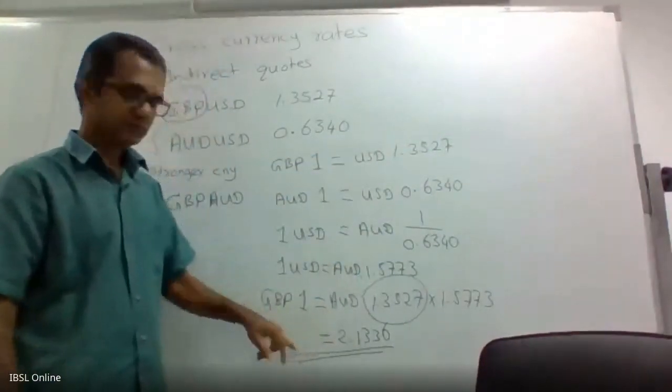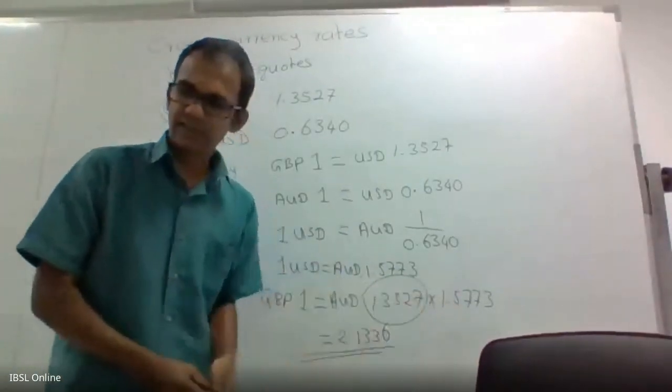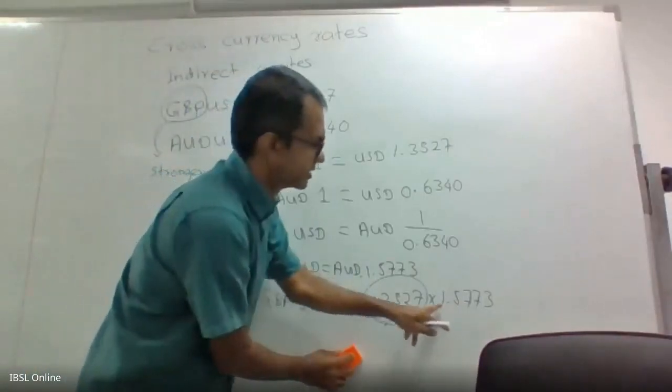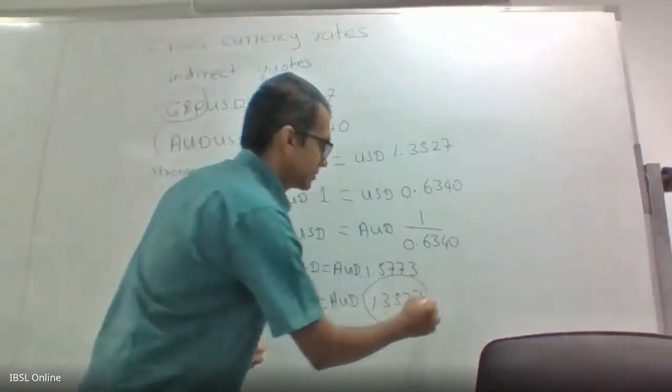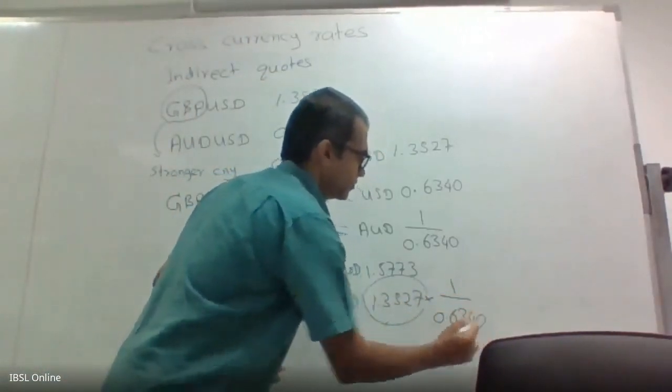But though you see here this is a multiplication, what we really did, what is this 1.5773? It is 1 over 0.6340.